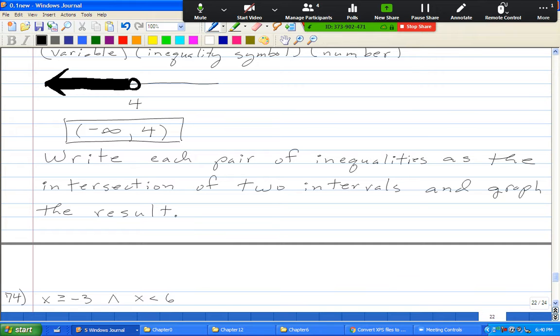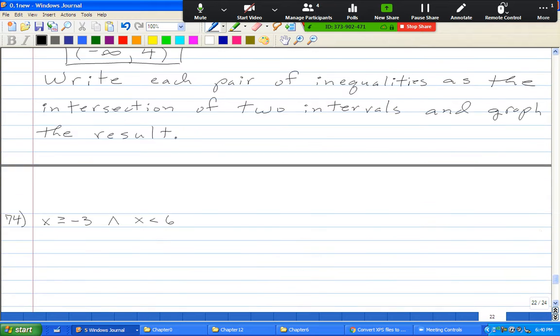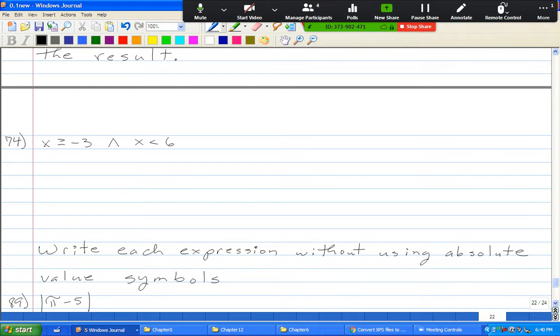Okay, so write each pair of inequalities as the intersection of two intervals and graph the result. Okay, so let's do that. So I have here the set x, maybe I'll do it in red, greater than or equal to negative 3.